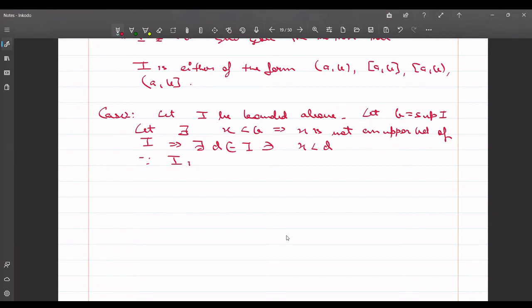Since I is an interval, x must belong to I, which means that the interval from minus infinity to B, open, is contained in I.